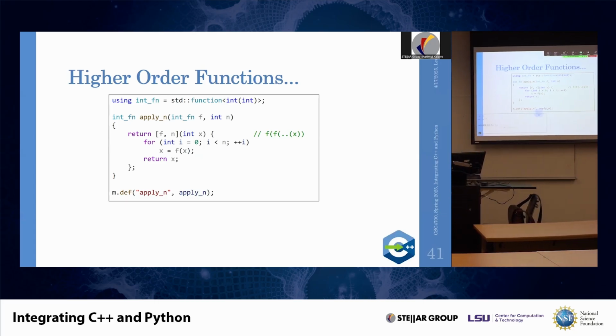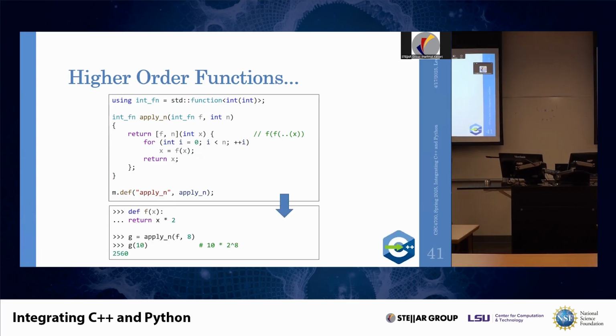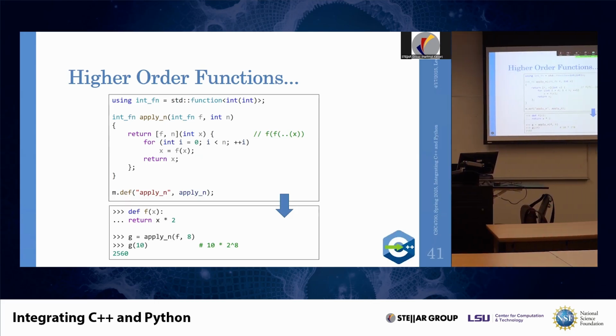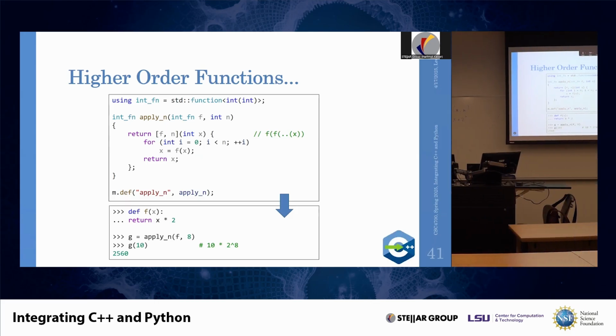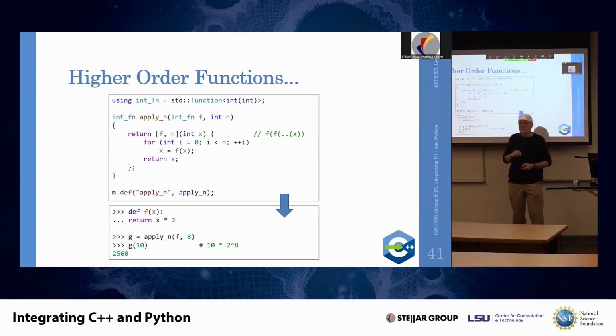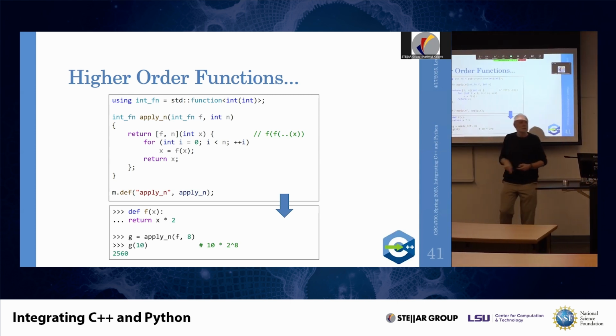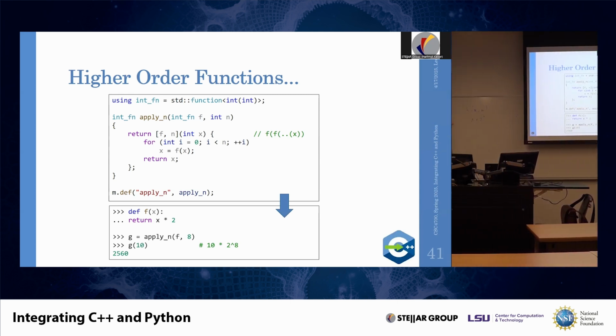Okay? So now we can say, okay, I have a function which doubles things once, and I'm applying that function 8 times, which gives me another function, and then I tell it to call that other function for x equals 10, which gives me, well, 2560, hopefully.